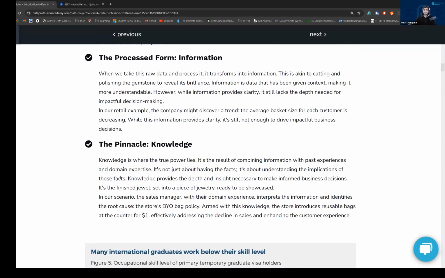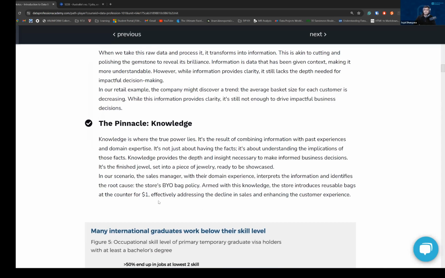In this scenario, the sales manager, who is the domain expert, interprets the information and identifies that the store's BYO bag policy happened around the same time that the trend went down. For instance, maybe they launched their BYO bag policy in September, and the average basket size started to decrease since September.